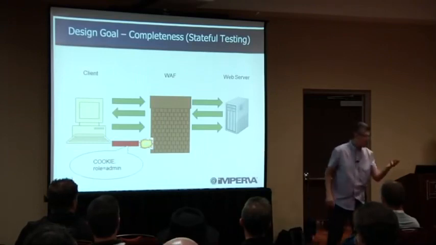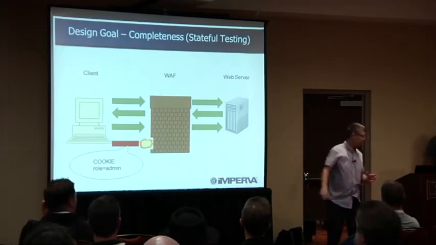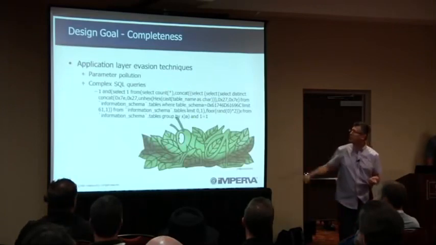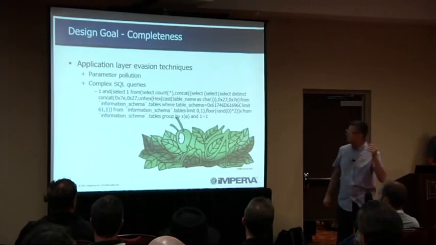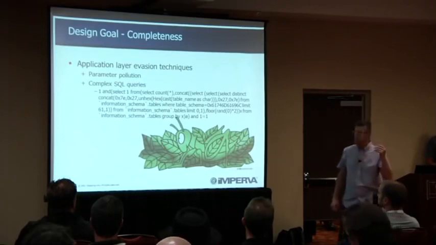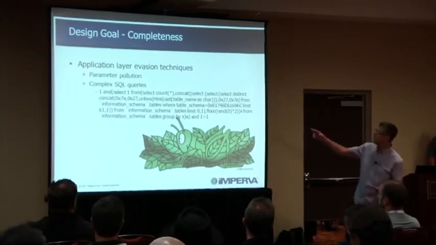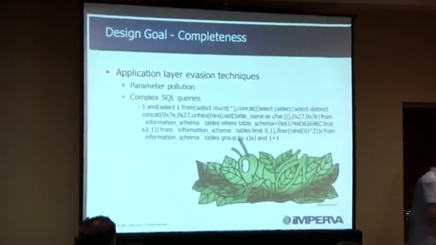So it was very important for us to be able to express this course of tests in our framework. The other side of completeness was application layer evasion techniques. I've mentioned techniques like parameter pollution, complex attack vectors. Here's an example of an SQL injection attack vector that is more complex than the standard.